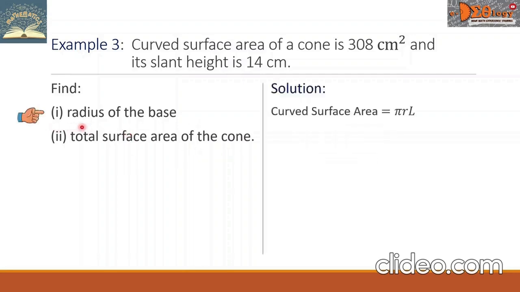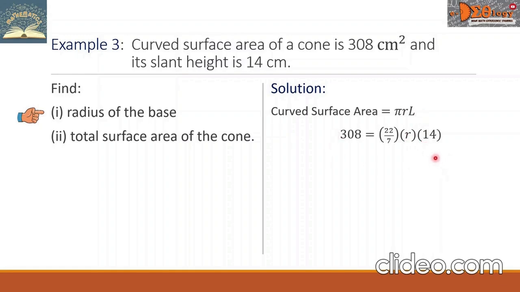Let us write the formula for the curved surface area, and it is here. Then let us substitute the corresponding values. The curved surface area is given as 308 equals pi is 22/7, r is the radius, and that is our requirement, and capital L is the slant height, which is 14.